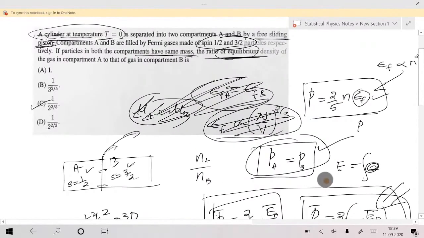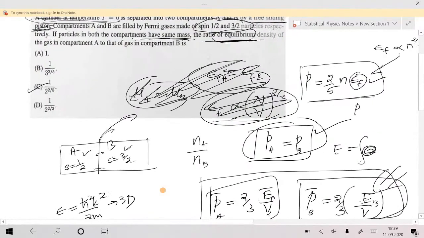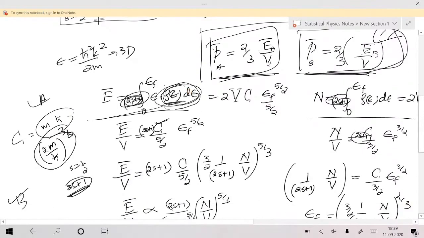But you should be able to do this one because this kind of step may be helpful for other problems. If the container is filled with different massive particles, then you should concentrate on this mass also. That mass term would come in this constant which comes in this rho of E dE. Just try to find that one. Once you know this method, it's all a proportionality or dependency question. You should think very carefully.